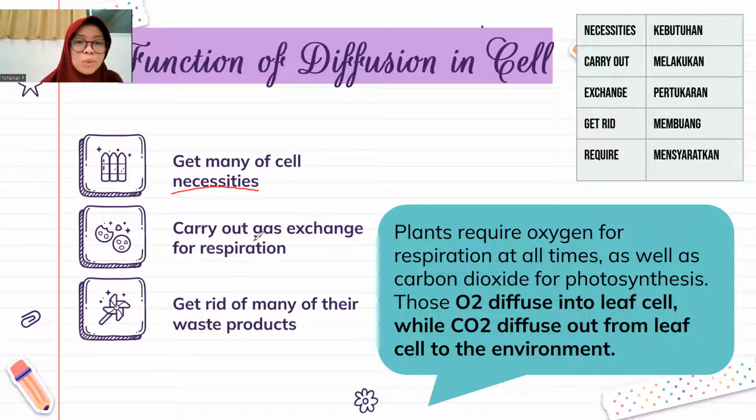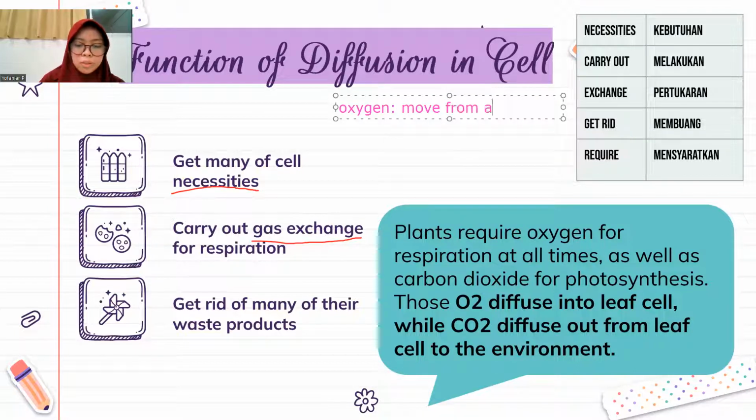The second one is carrying out gas exchange for respiration. Gas exchange, pertukaran gas. This is what happens inside our lungs. Between the oxygen and the carbon dioxide, the oxygen will move from the alveolus to the red blood cell.